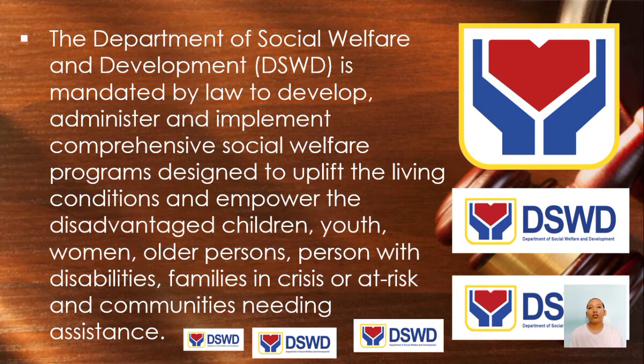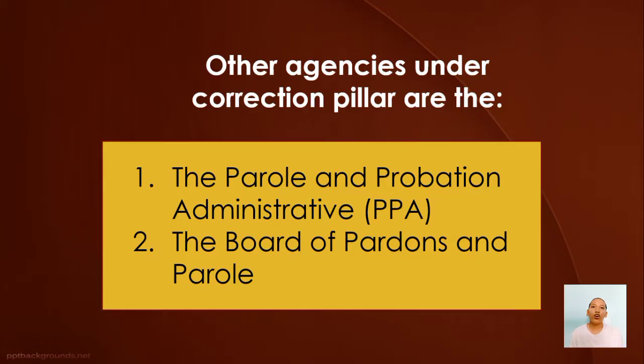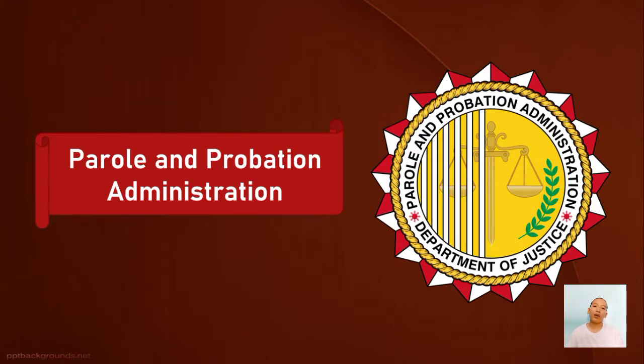There are two other agencies under the correction pillar: the Parole and Probation Administration, or the PPA, and the Board of Pardons and Parole. First, the Parole and Probation Administration.